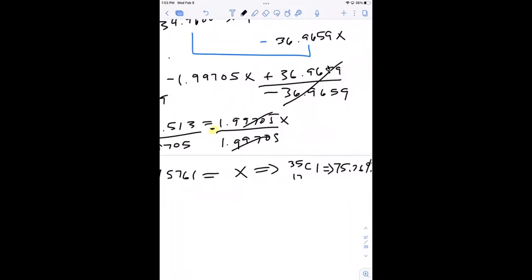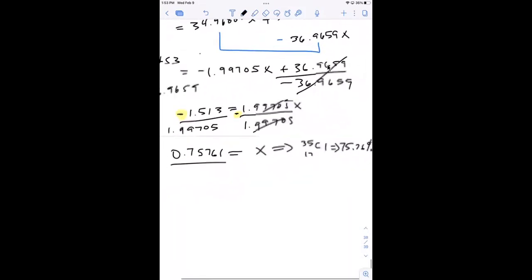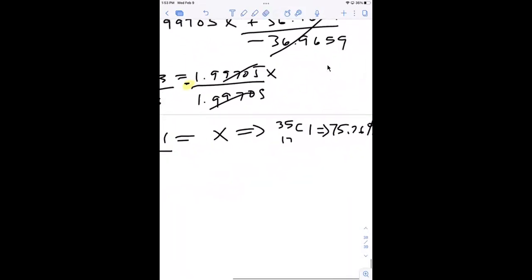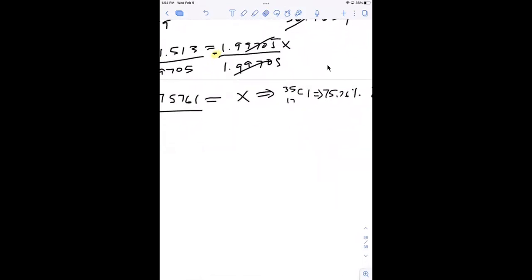Is that right? Because all I'm doing is taking this number times 100 to get the percentage back. Let me fix that. It looks so sloppy. So 75.76.